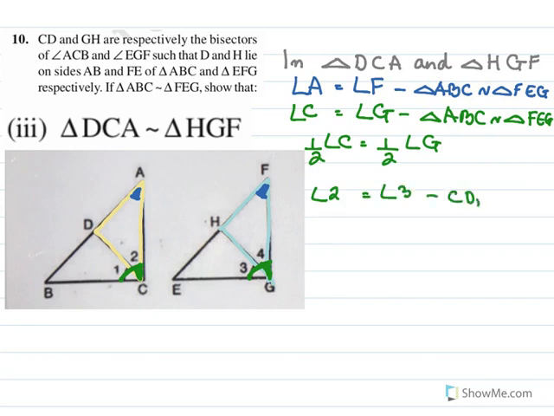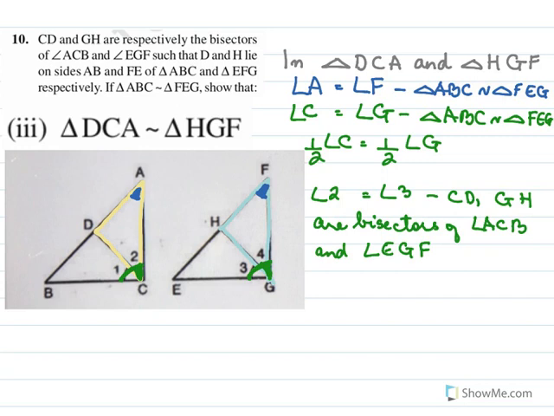And the reason for this is CD and GH are bisectors of angle ACB and angle EGF.